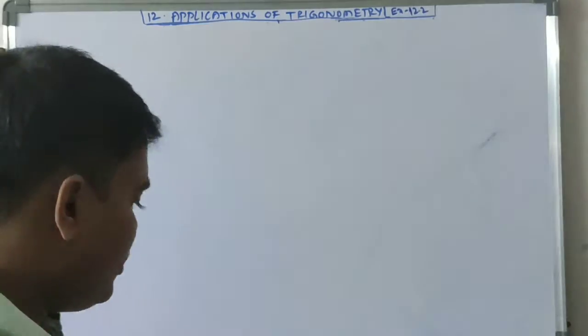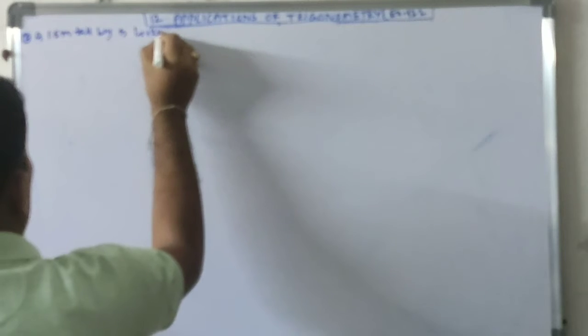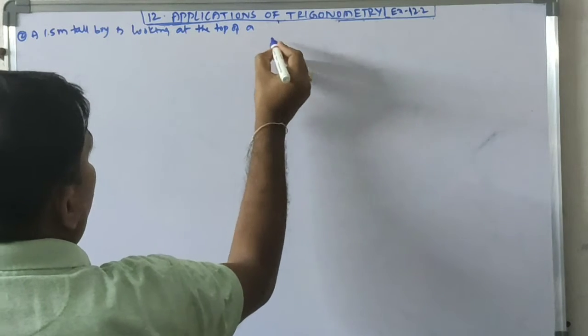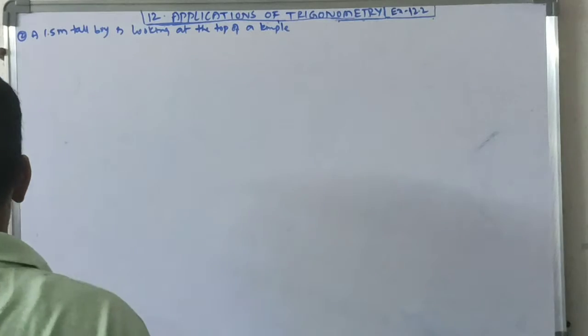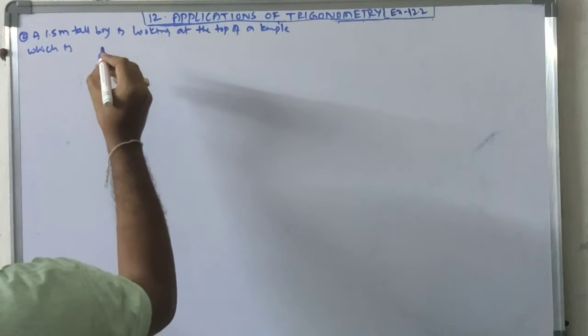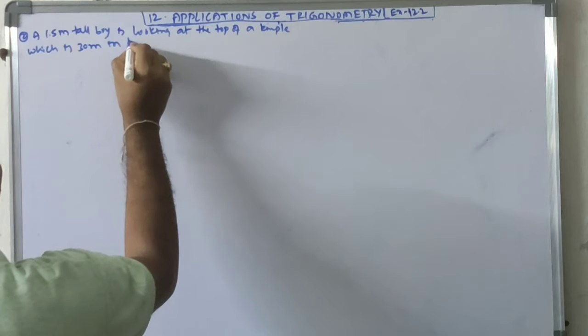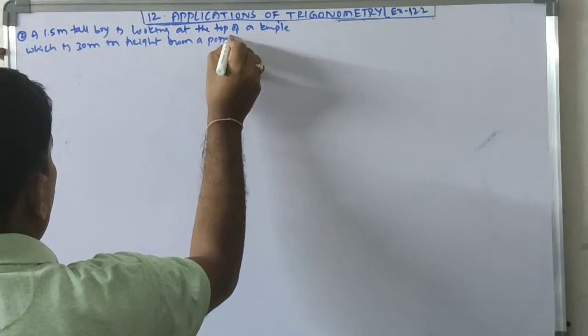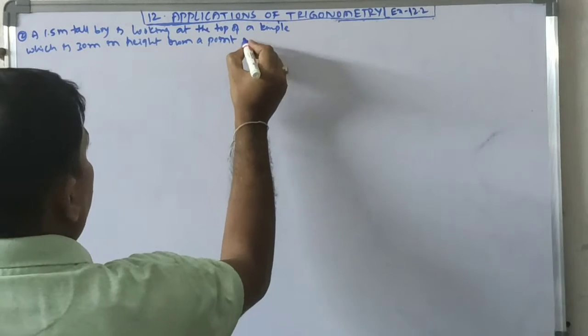Point 2, second question. A 1.5 meter tall boy is looking at the top of a temple which is 30 meters in height, from a point at a certain distance.